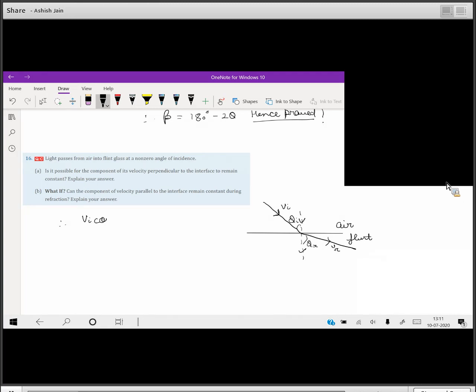the perpendicular component vi cos theta i should be equal to vr cos theta r.